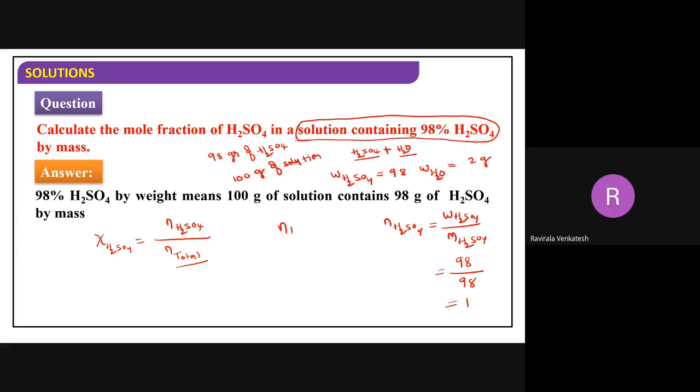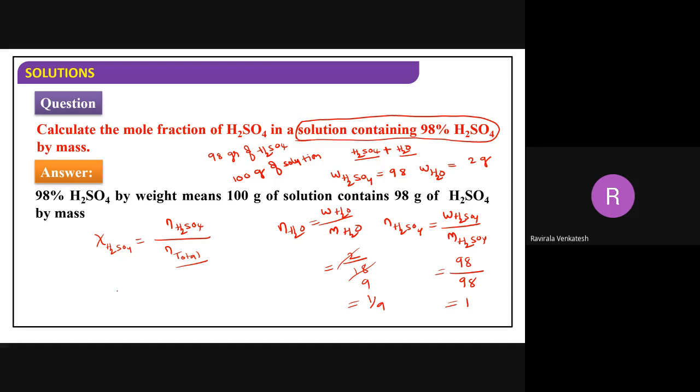Similarly, number of moles of water is weight of water divided by molecular weight of water. Weight of water is 2 grams. Molecular weight of water is 18. So 2 by 18 is 1 by 9.